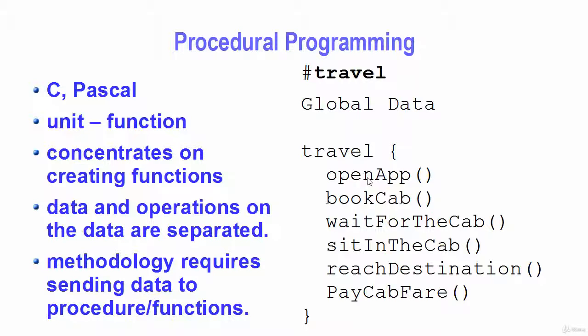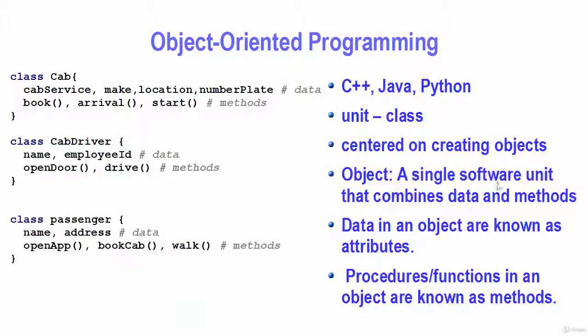Now let's look at the object-oriented approach of doing things. In object-oriented programming languages like C++, Java or Python, the basic unit is the class.